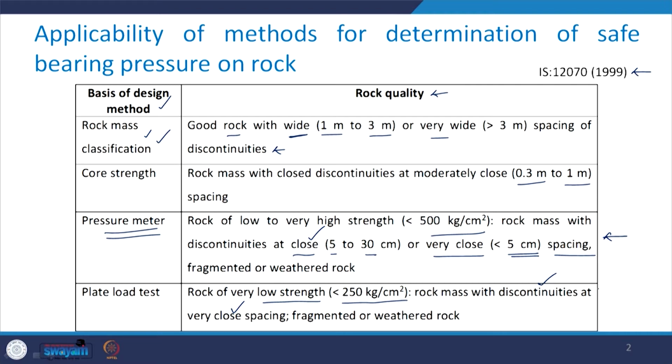If such rock mass is present at the site, then we can carry out the plate load test, analyze the data of this test and find out the safe bearing pressure on the rock. Today we will try to understand how we can obtain the safe bearing pressure on the basis of rock mass classification and the core strength.